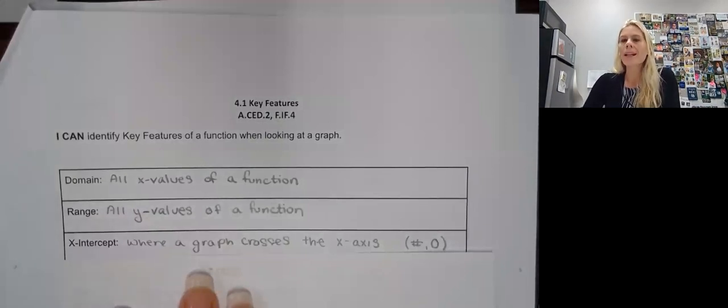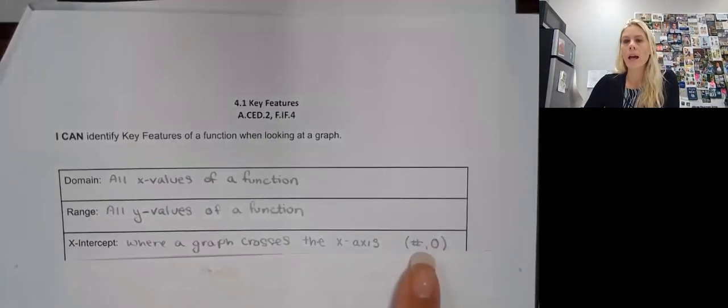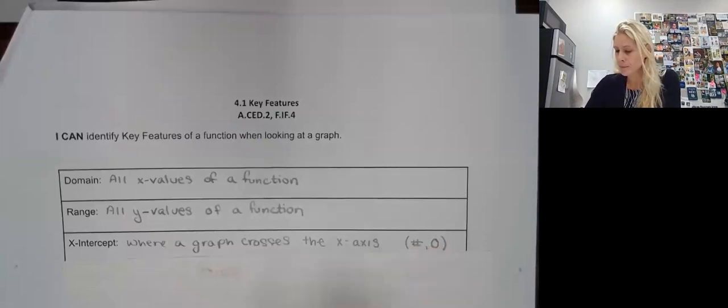But we want to make it a coordinate pair. So we need to remember that the X intercepts, and there could be more than one, there could be none, are of the form a number comma 0. So Y is always 0. If you had to solve it algebraically, we would just set our function equal to 0 and solve.